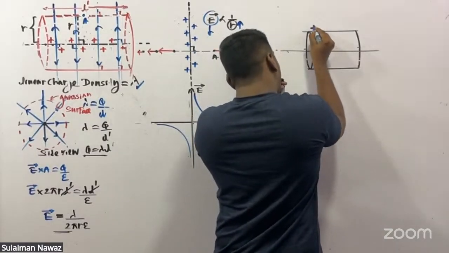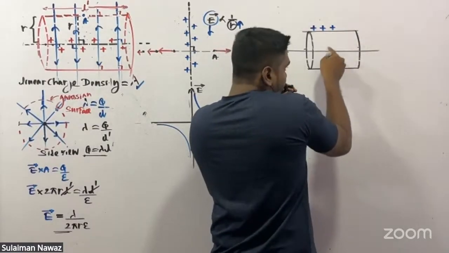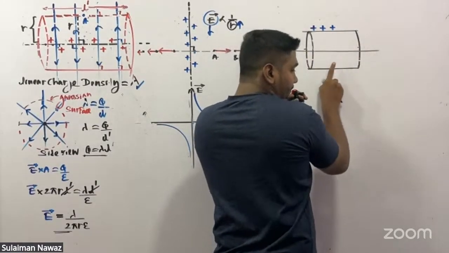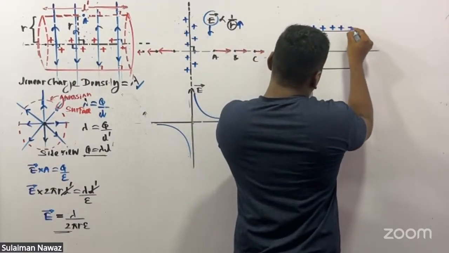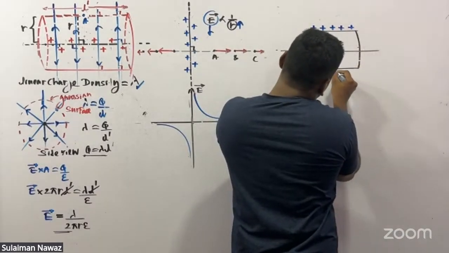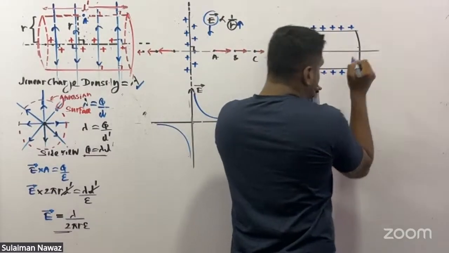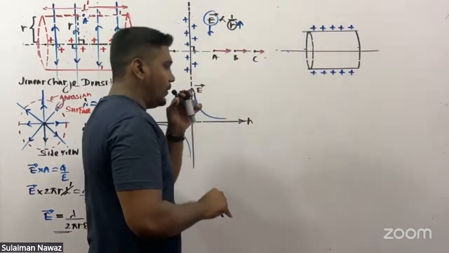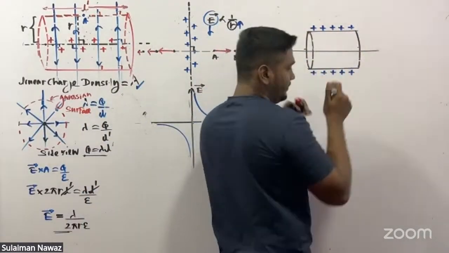Remember, this is a 2D drawing that I'm drawing. These charges are stored on the outer surface of the conductive cylinder. It's a hollow conductive cylinder, so there's a hollow inside.